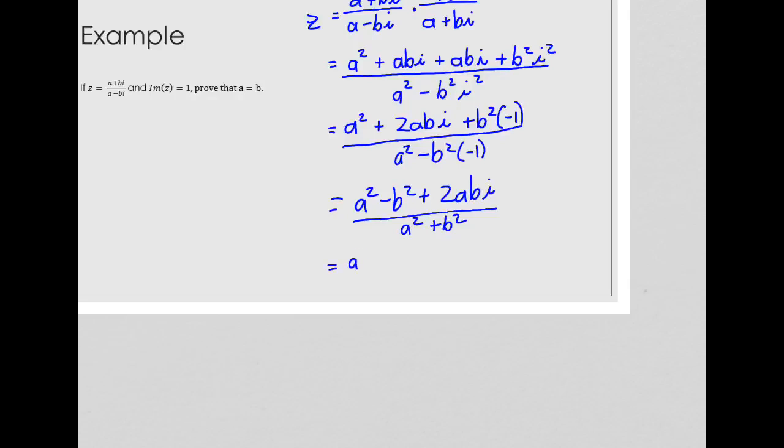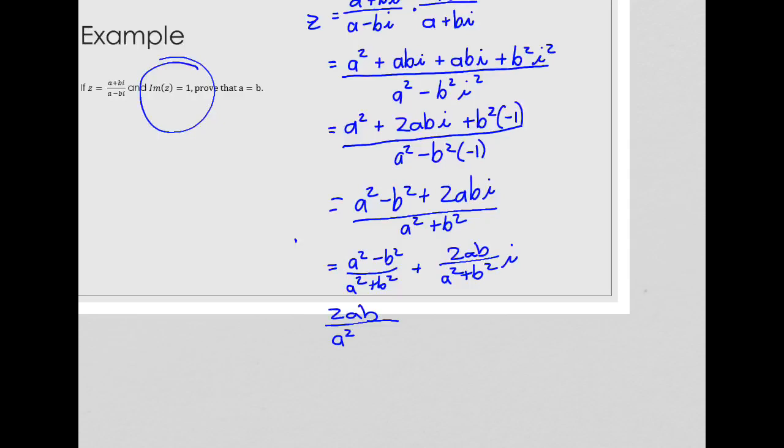So I'm going to say a squared minus b squared and give it its own denominator. And then the imaginary part with its own denominator. So from the given information, remember they gave us that the imaginary part is equal to 1. So therefore, 2ab over a squared plus b squared is equal to 1.